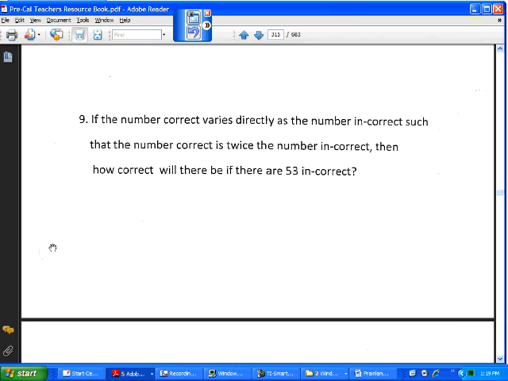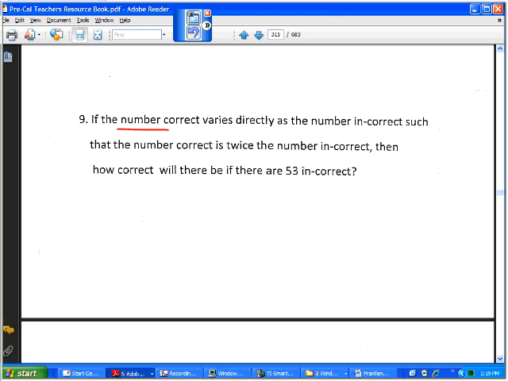The number correct, y, varies directly as the number incorrect, x. The number correct, y, is twice the number of incorrect, x. Y equals twice, meaning 2 times, x.